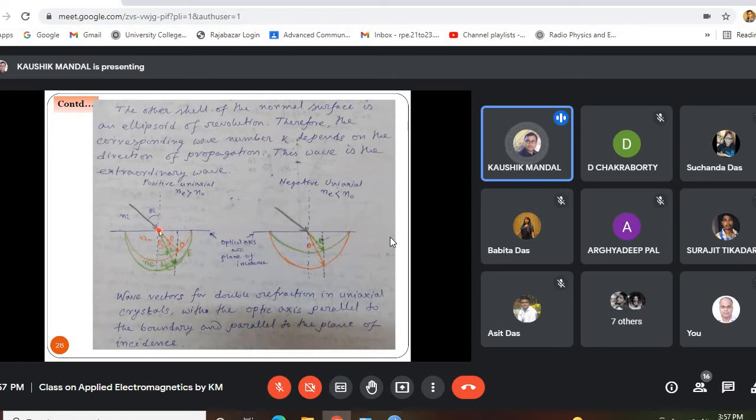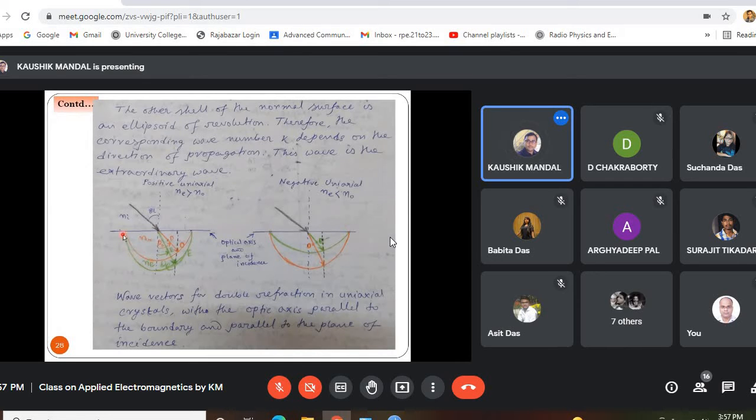Now you draw the refracted wave. The refracted wave corresponding to the sphere will be the ordinary wave or ordinary ray. We are considering the angle theta 0. So this particular ray will follow Snell's law. You can write Ni sin theta i is equal to N0 sin theta 0.